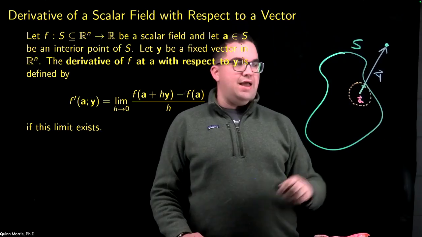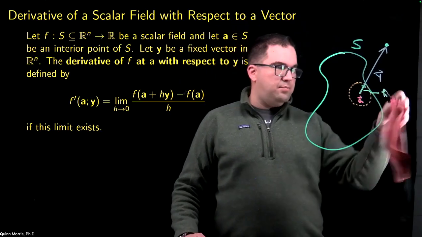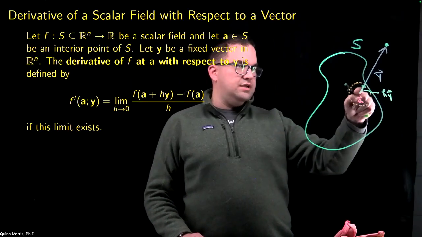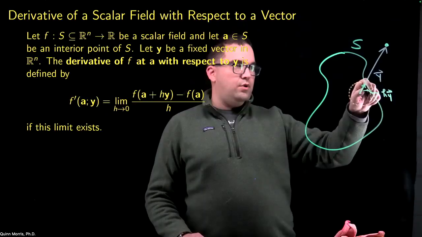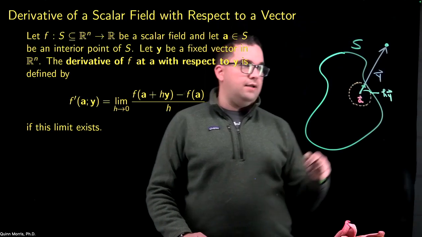this is going to scale down such that eventually A plus hY, so this here is just hY, the point out here would be the vector A plus hY.